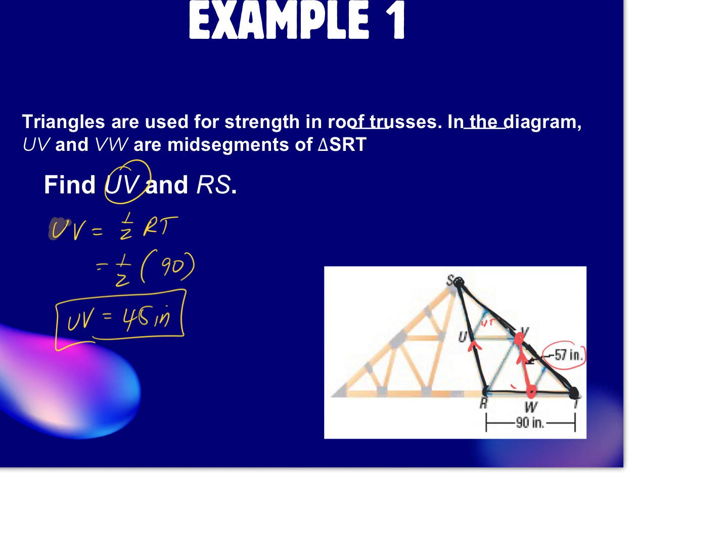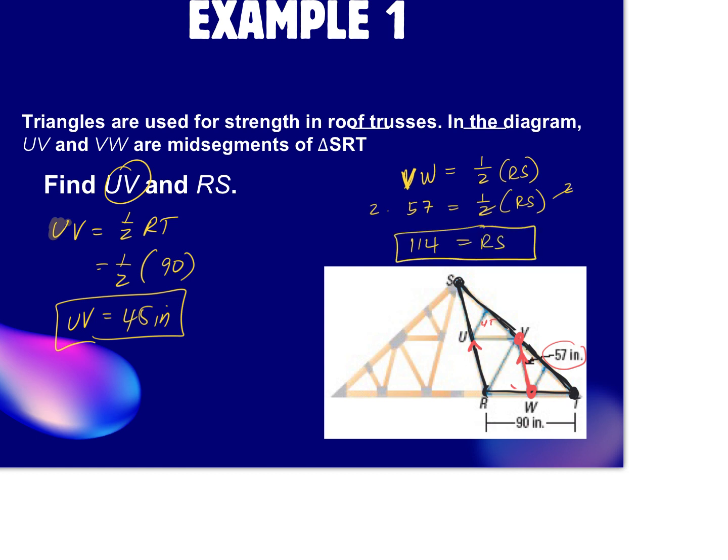So again, I'm going to come over to here. VW is going to be half of RS, or SR. VW is 57. Well, 57 is half of whatever RS is. If I multiply both sides by 2, I get 2 times 57 is 114, and that's going to equal the length of RS.